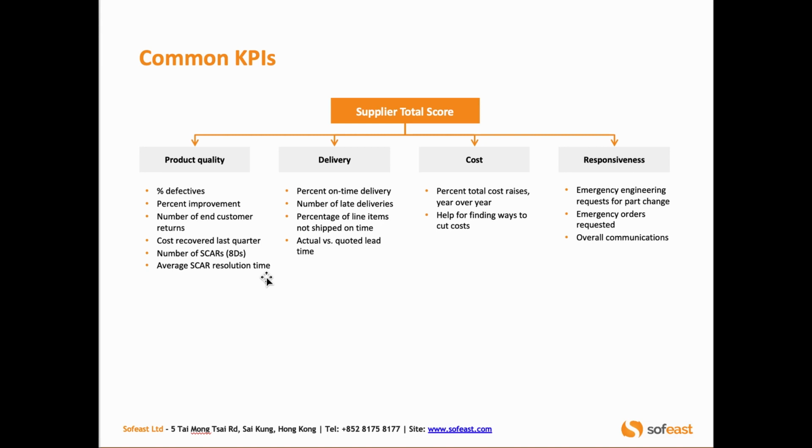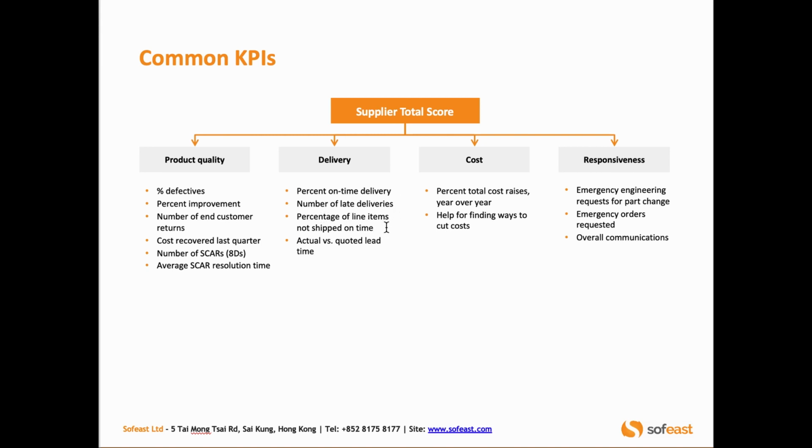When we look at delivery, what's important is on-time delivery. So if they delivered 10 batches to us in the past month, and 2 of them were not on time, then this is an 80% on-time delivery.